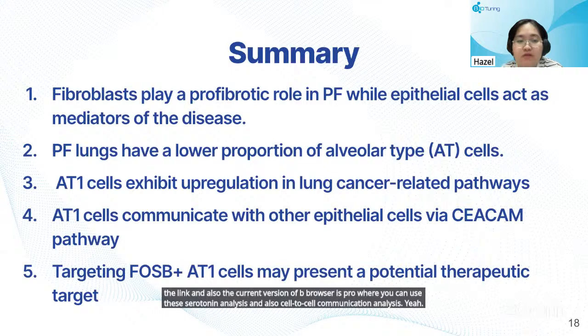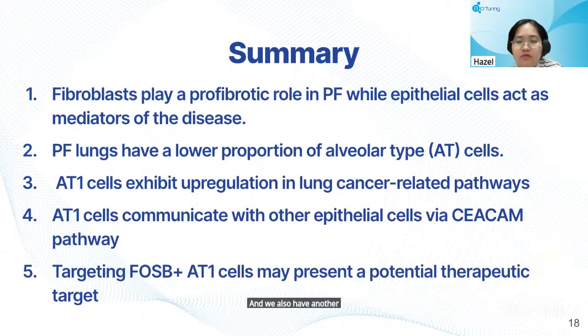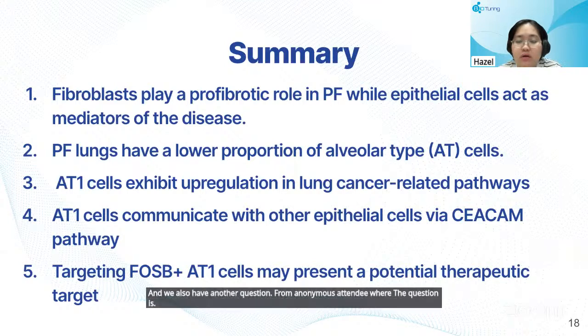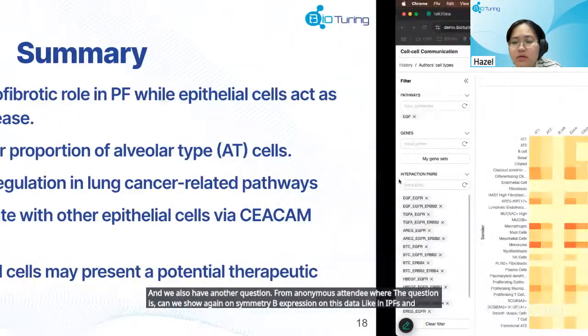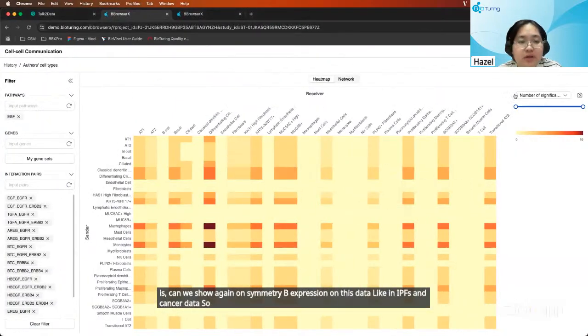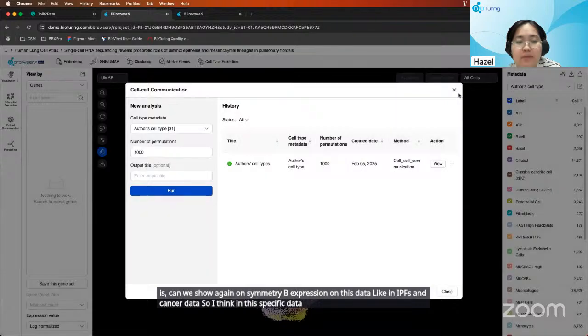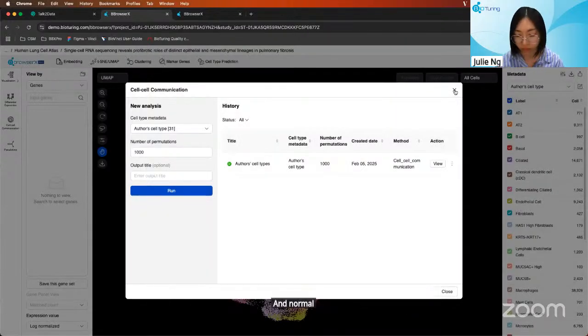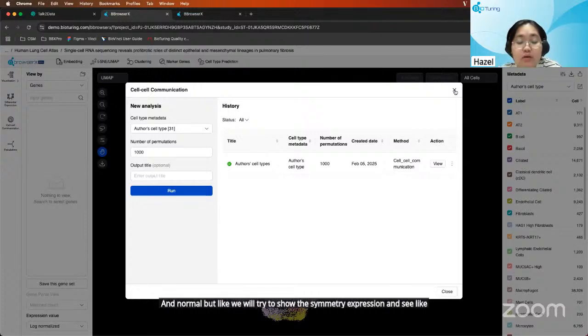And we also have another question from an anonymous attendee: can we show again the CMA3B expression on this data, like in IPF and cancer data? So I think in this specific data set, we only have IPF and normal, but we will try to show the CMA3B expression and see what the differences are.